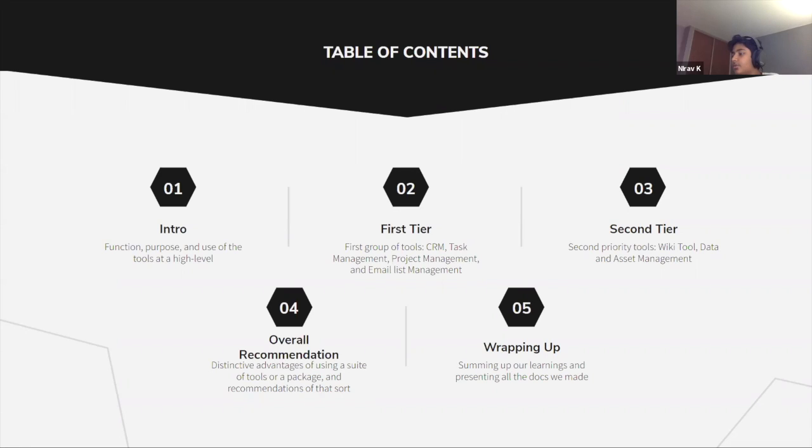One thing to note is that inside sections 2 and 3, we will have an in-depth analysis of the tool type, a comparison of different brands, and also a recommendation for the tool separately. In the fourth segment, we will be talking about advantages of applying a suite of tools to our nonprofit and what the main features of this are and recommendations of that sort.